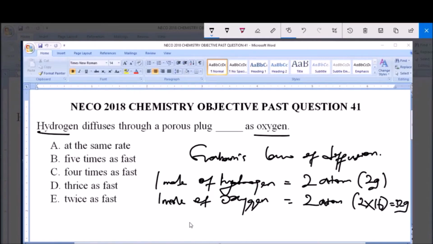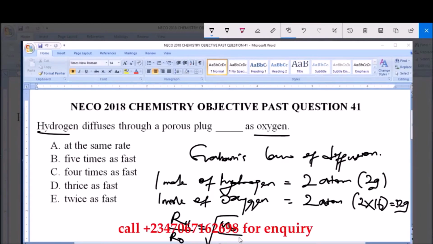Now from Graham's law we have that the rate of diffusion of hydrogen over the rate of diffusion of oxygen is equal to the square root of the molar mass of oxygen over the molar mass of hydrogen.